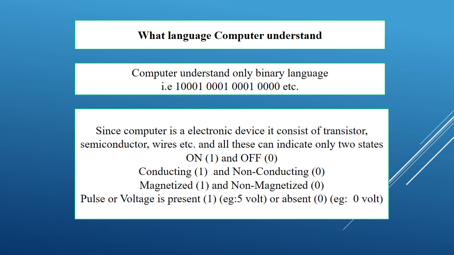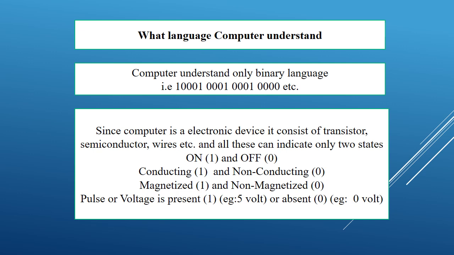The computer is an electronic device that consists of transistors, wires and semiconductors. All of these have only two states: on and off. On means 1, off means 0. Conducting is 1, non-conducting is 0.